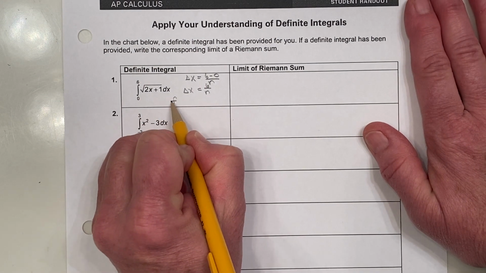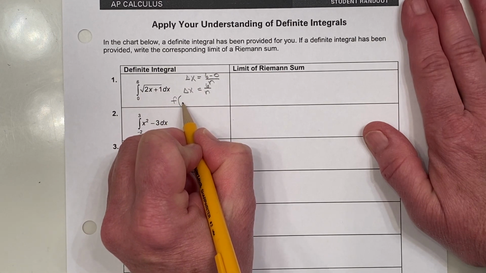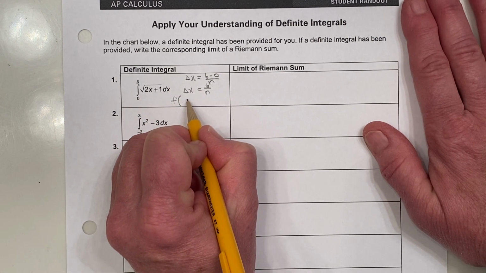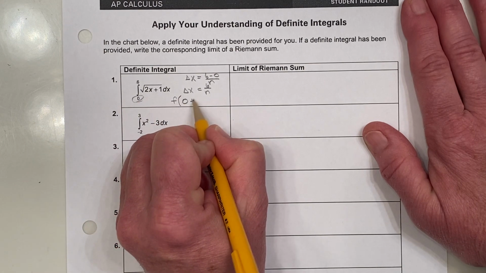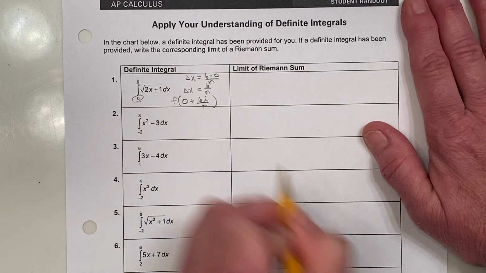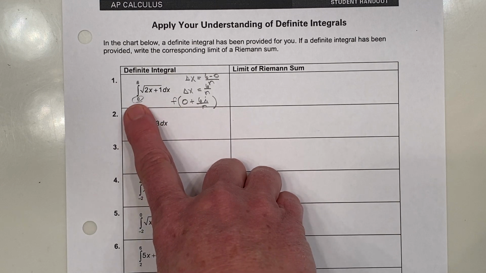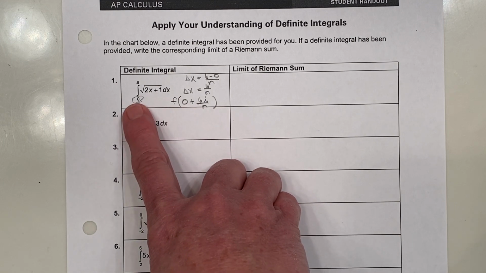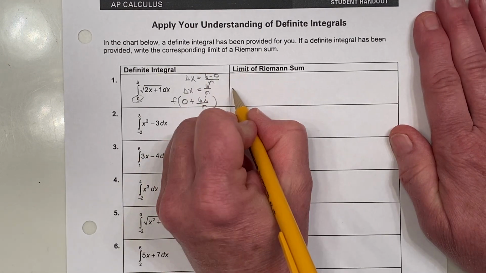I'm just going to think ahead into that formula of the limit of a Riemann sum, remembering where this is a plus delta x times i. Well, in our case, a is 0, so 0 plus delta x times i, 6i over n. Is it necessary to have the 0? No, it's just a visual that that's your a value, and it matches up, but you don't need to do that.